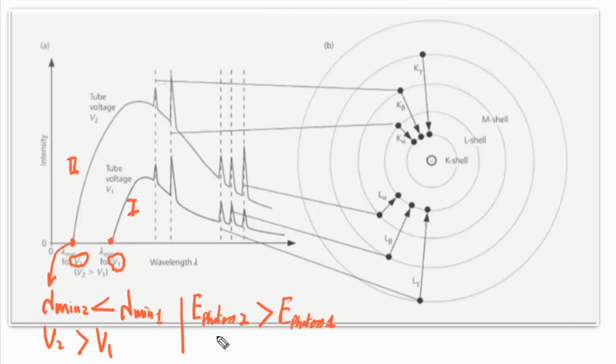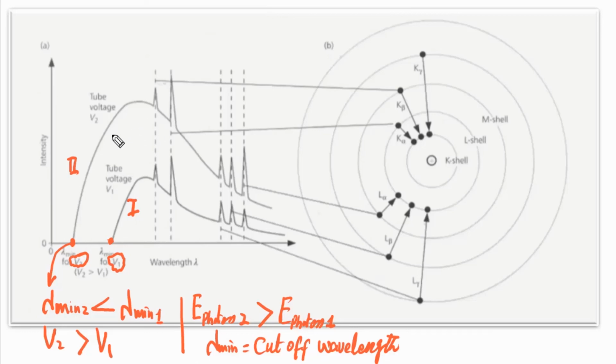We also need to understand lambda min. It has a special name. I have already explained, but let me highlight this point again: lambda min is also called the cut-off wavelength. Sometimes in an exam they can simply ask you to calculate the cut-off wavelength. If you're not clear with this term, you may find it difficult to answer.